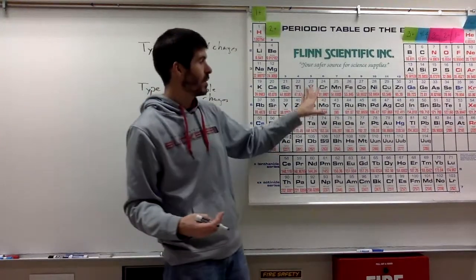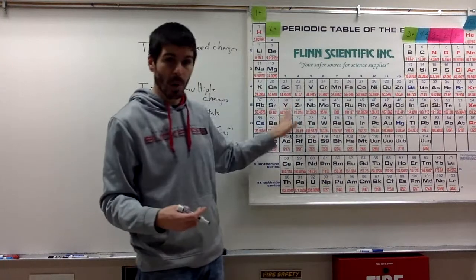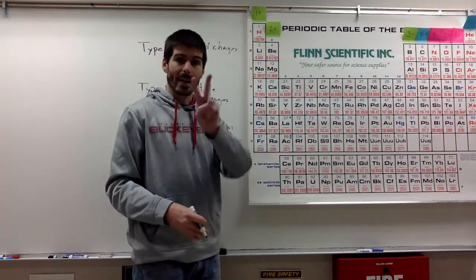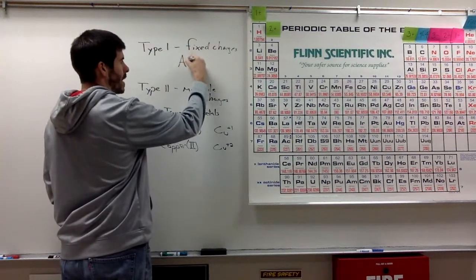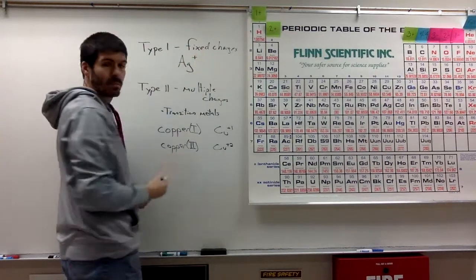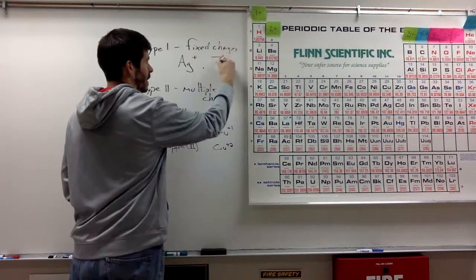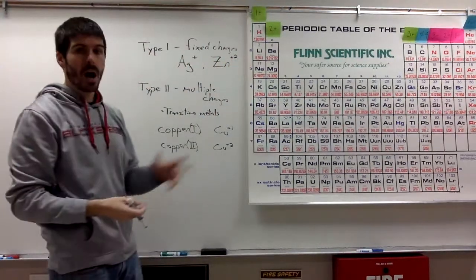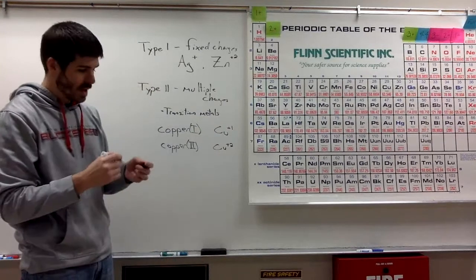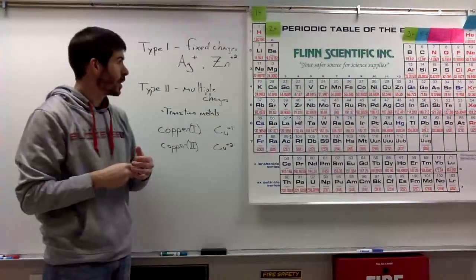So these transition metals here in the middle can have multiple charges, except for 2. There are 2 ions, silver and zinc. Even though they're not in the columns that have fixed charges, they still have fixed charges.